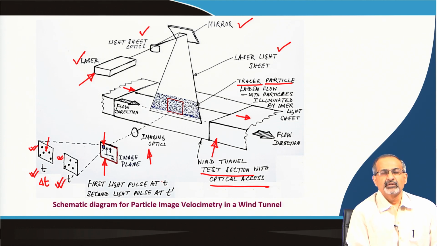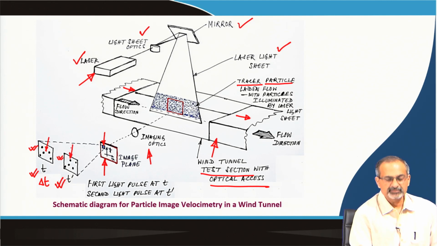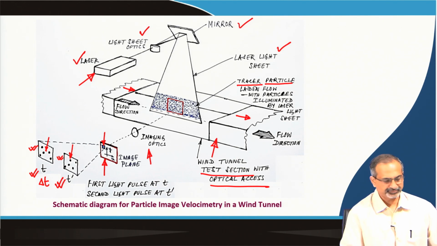When you apply a suitable technique to analyze the motion of these dots over a short period of time between two frames, that helps us build information about the velocity at which those dots moved, and therefore that carries information about the local flow field velocity.